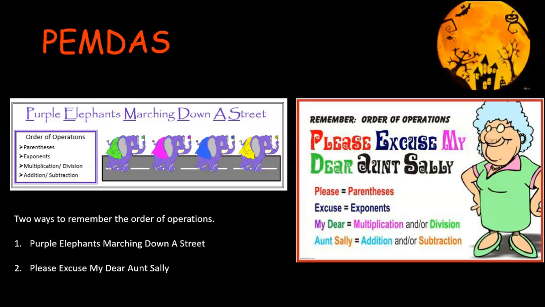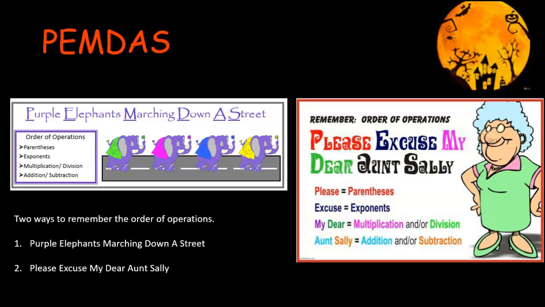So, the P starts with parentheses. You always solve what's in parentheses first. Then the E stands for exponents. You have to do the exponents next.